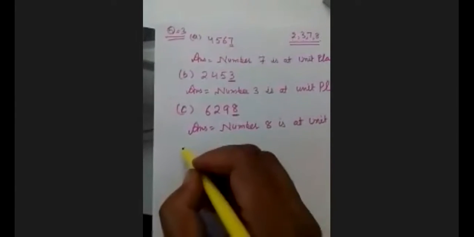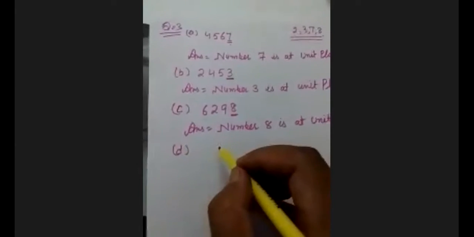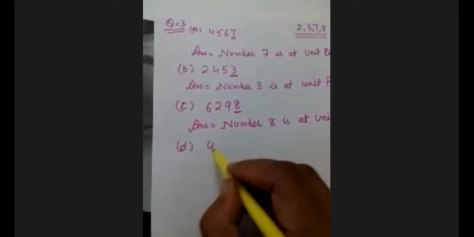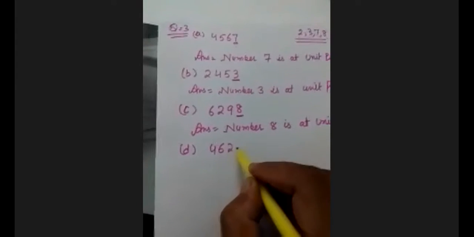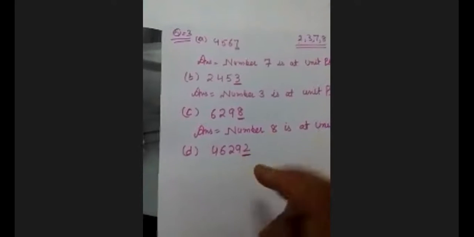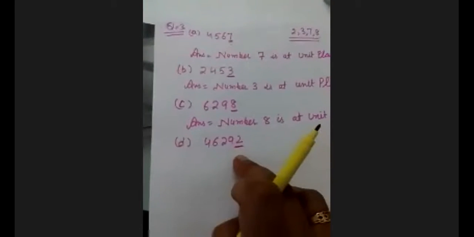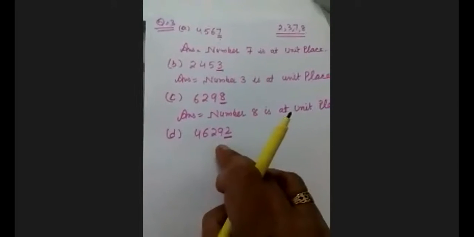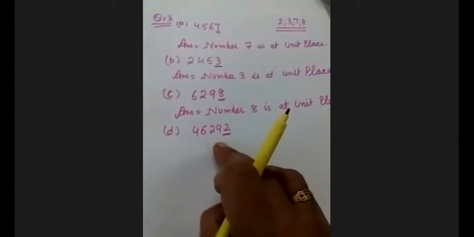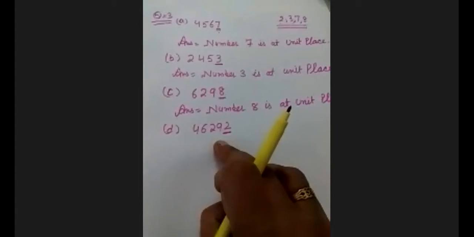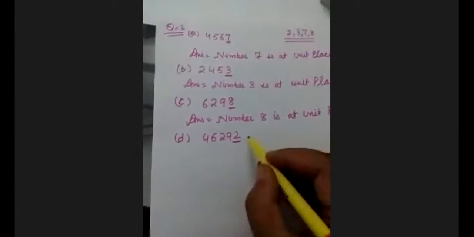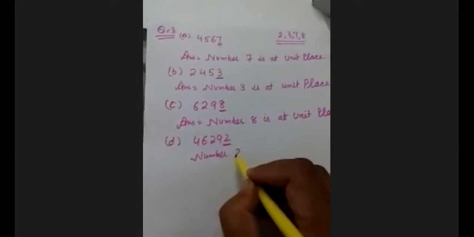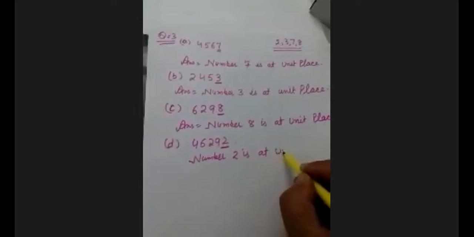Next is part D. Now your number is 46,292. Again, number 2 is at unit place. That's why 46,292 is not a perfect square. Clear, students? Again, the reason is number 2 is at unit place.